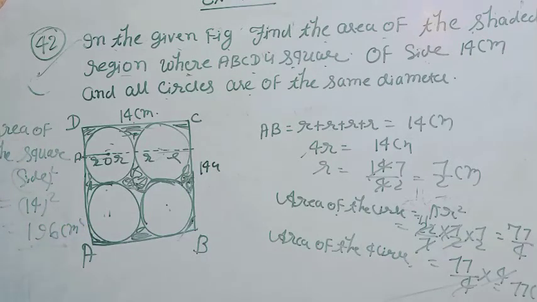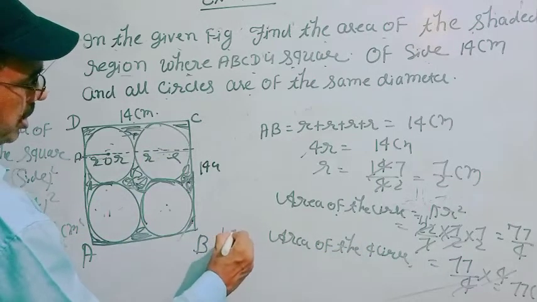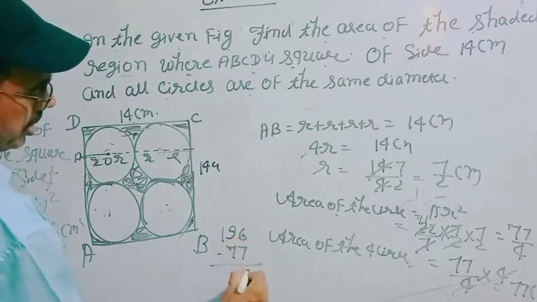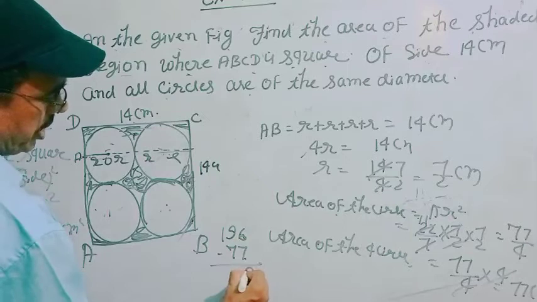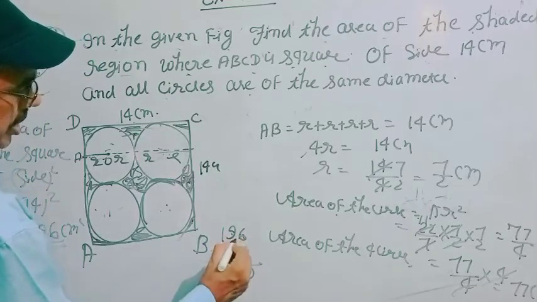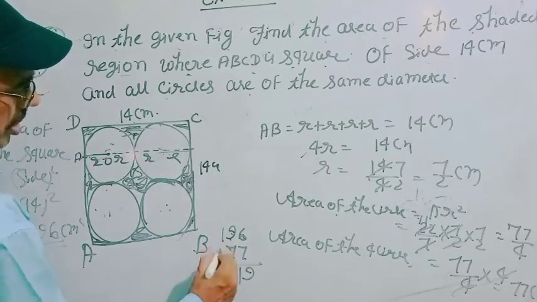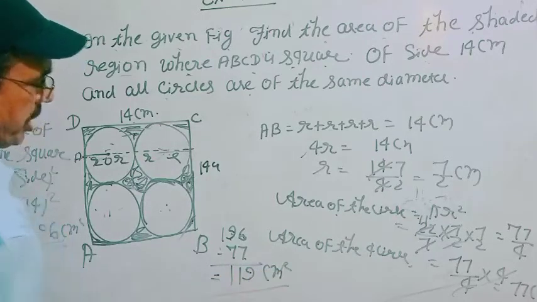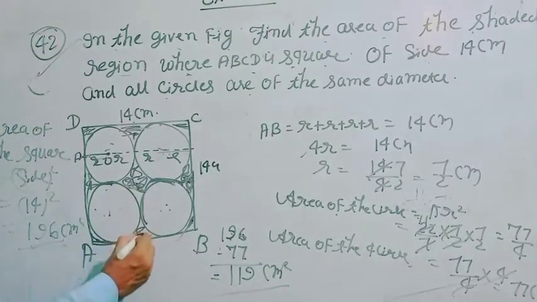So what is the area of the remaining portion? 196 cm square is the area of the square, and the area of the 4 circles is 77 cm square. So what is the area of the shaded region? Then 196 minus 77, that is 119 cm square is the area of the shaded region.